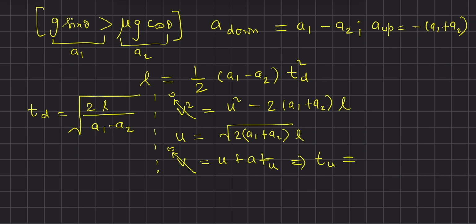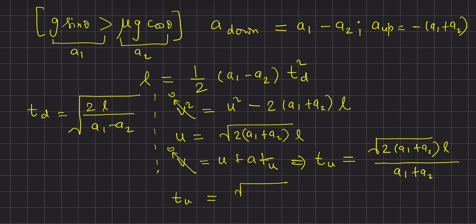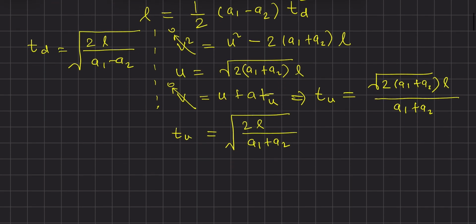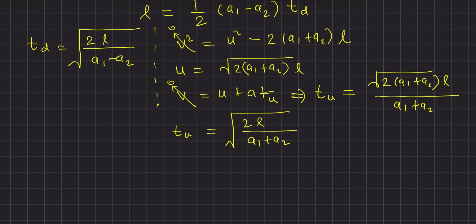So u is the square root of 2 (a1 plus a2) l, divided by a, and a is a1 plus a2. If we solve this, t up is nothing but the square root of 2l divided by (a1 plus a2).